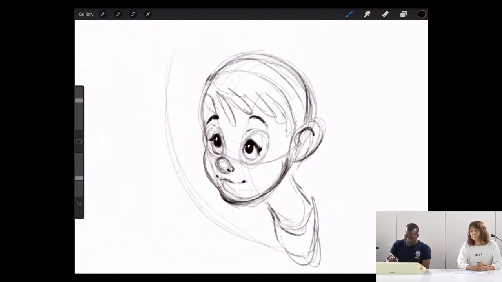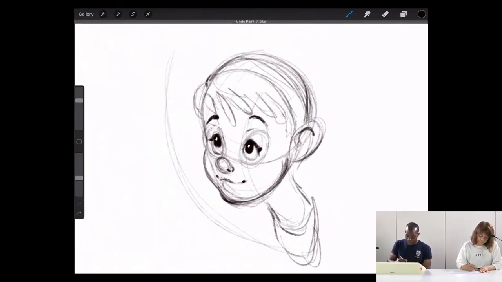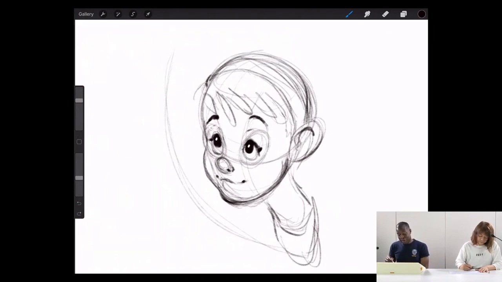Two of my heroes, Frank Thomas and Ollie Johnston, two of the Nine Old Men, or two of them anyway. They were talking about having to spend sometimes two or even three years drawing a certain character, and sometimes that character might have been a villain or someone like that.